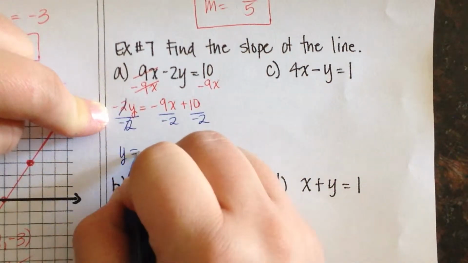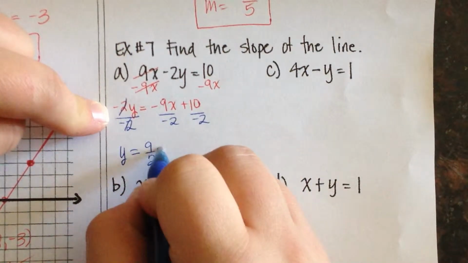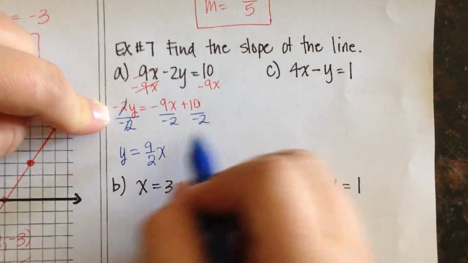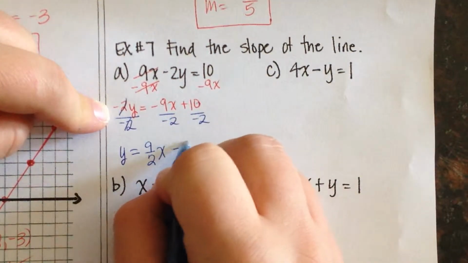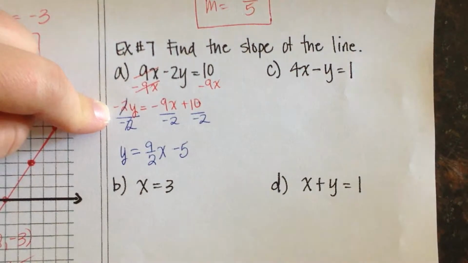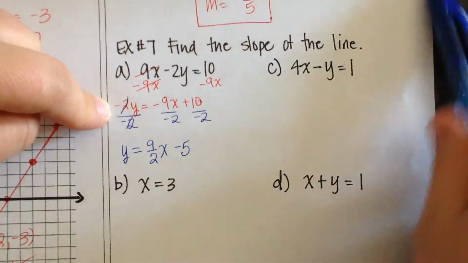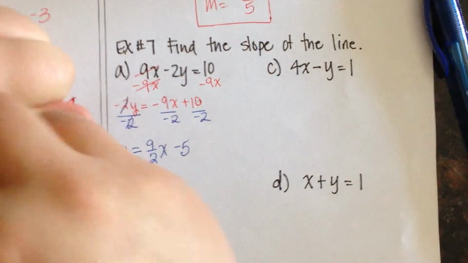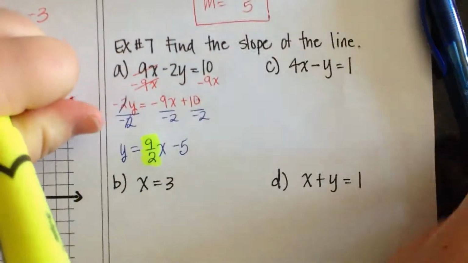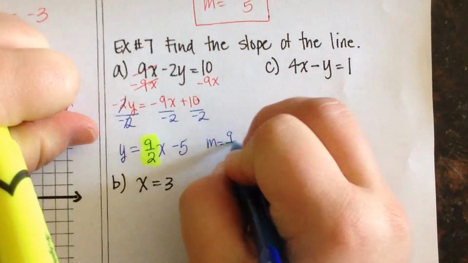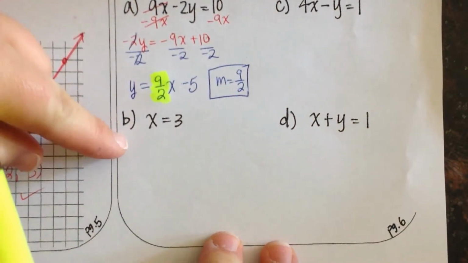And so y equals, now negative 9 over negative 2 becomes positive 9 over 2x. That cannot be reduced. 10 divided by negative 2 gives me a negative 5, or you can put plus negative 5, it's fine. But once I get my equation into slope-intercept form, my slope is going to be a positive 9/2.